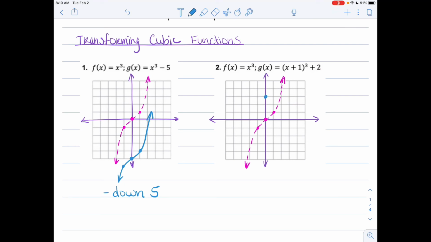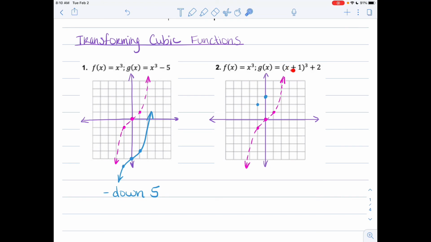And then let's plug in a couple more points. I'm going to go in the negative direction here, because if I plug in a negative 1, this whole term will go to 0, and I'll have a positive 2. So at negative 1, I'm at positive 2. And then let's keep going that direction.